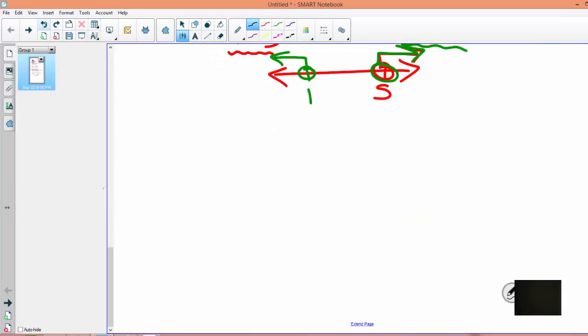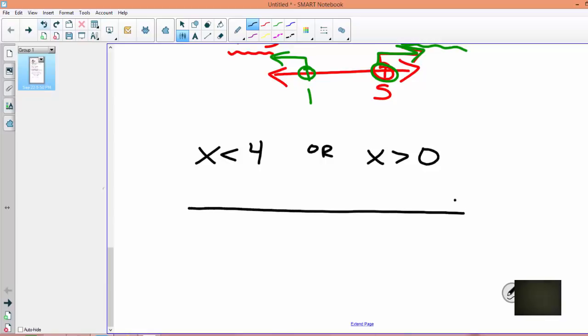We will do another. I'll just give you x is greater than 4 or x is greater than 0. See if you can graph that. So at 4, you're going to have an open circle with an arrow to the left.